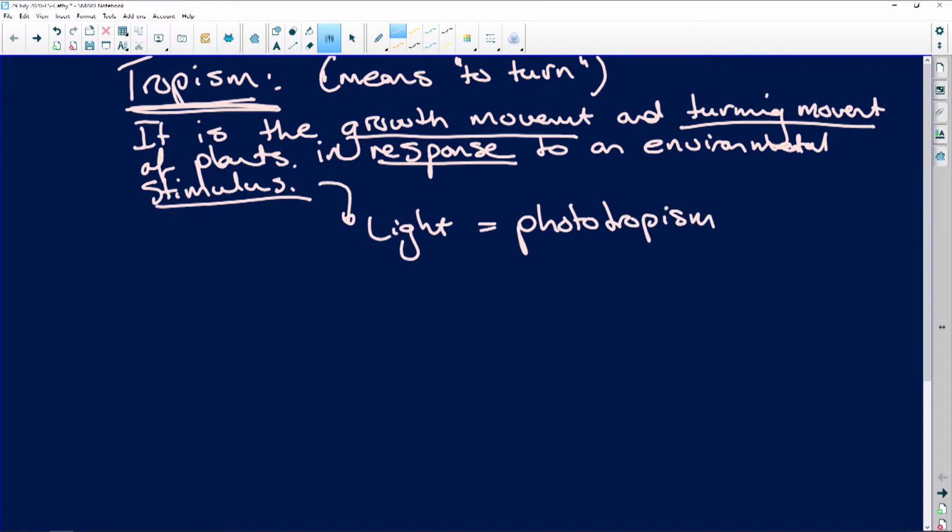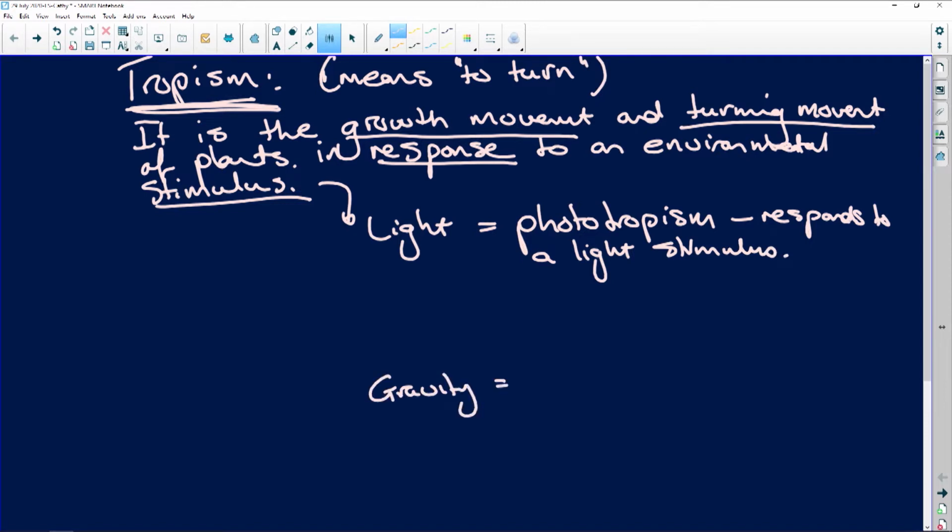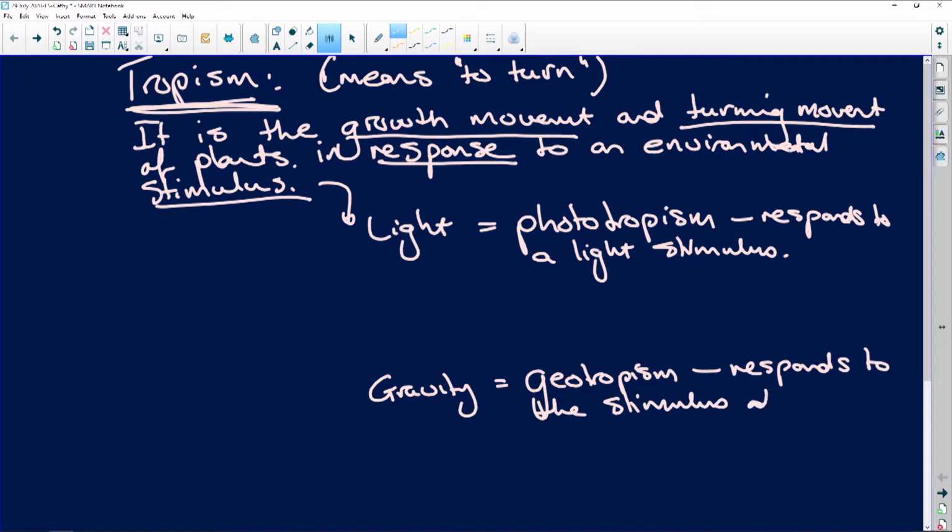So the plant responds to a light stimulus. And if it's gravity, that would be geotropism, and that means it responds to the stimulus of gravity.